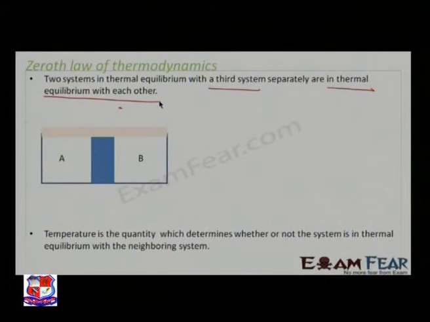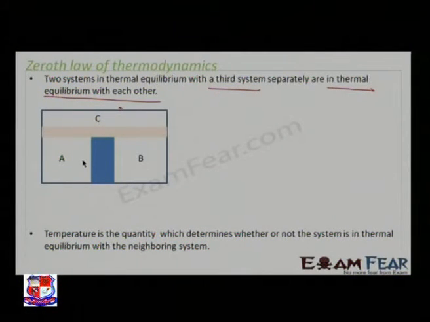Let us understand it more carefully. Let us suppose A and B are two systems which are not in thermal equilibrium, that is, these two systems are at different temperatures. Now let us suppose there is another system C with which these systems are in thermal equilibrium. That is, A and C are in thermal equilibrium, and B and C are in thermal equilibrium.